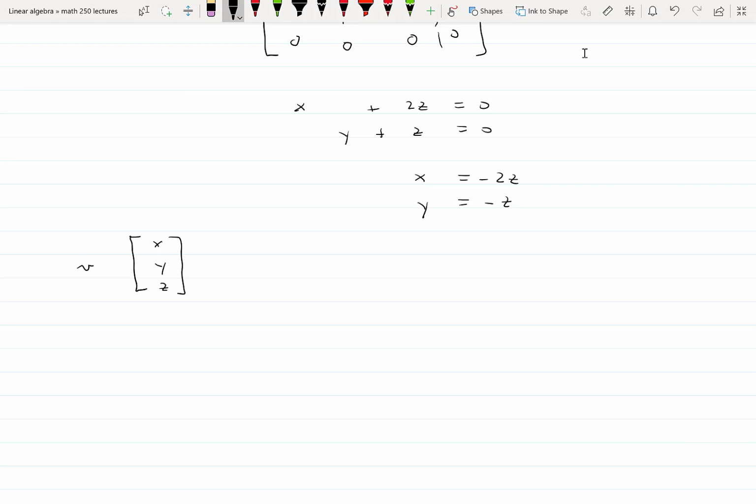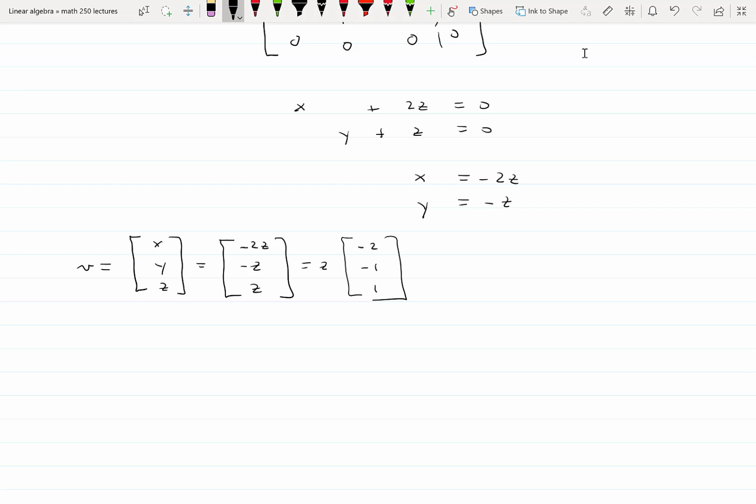So our eigenvectors look like x, y, z. These are those v's that we started out with in our original eigenvalue, eigenvector problem. They look like negative 2z, negative z, and z. Again, we are looking at scalar multiples of just one vector, so we automatically get linear independence with one non-zero vector.